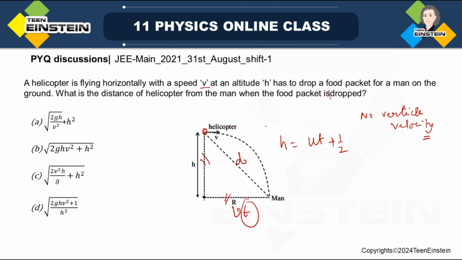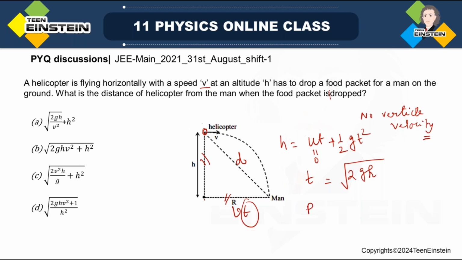If I just consider the vertical motion, g I'll take positive for the time being. Otherwise I have to take this height as negative. Anything is fine. Half gt square. Initial velocity in the vertical direction is 0, right? So I'll get t as the square root of 2h by g. So I have got the time of flight.